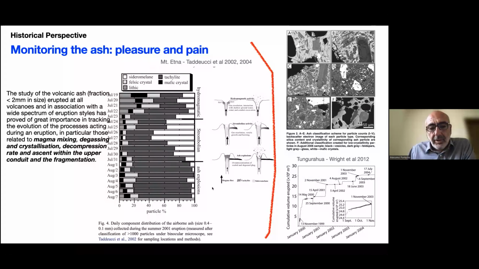At the end of the eruption, with the formation of a sort of plug in the conduit, the more crystallized part was dominant. A similar thing was also studied for Tungurahua, in which the authors associated the crystallinity to the ascent rate, to the decompression rate.